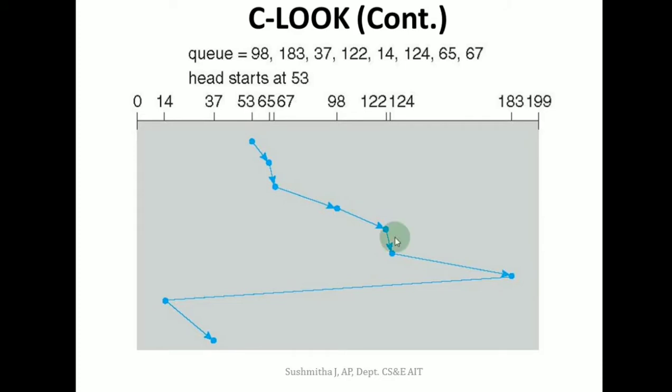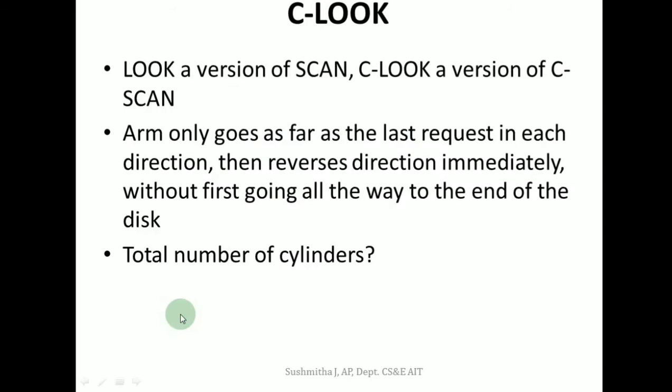You can notice here the arm goes only up to the final request in whichever direction is taken. So what happens in scan? It is going to satisfy the requests while it is going and while it is returning as well. Look also does the same. It satisfies requests while going and while returning, but the head moves only till the final request. It is not going to go beyond that.